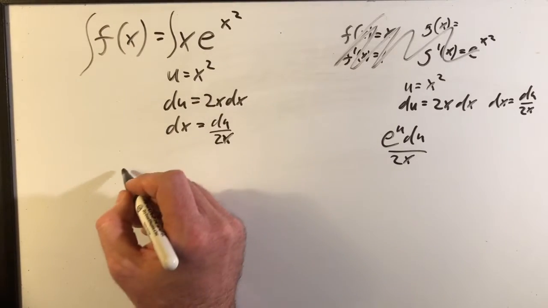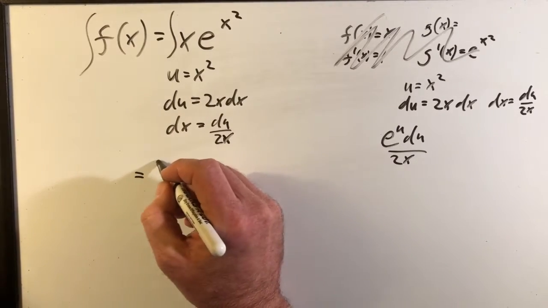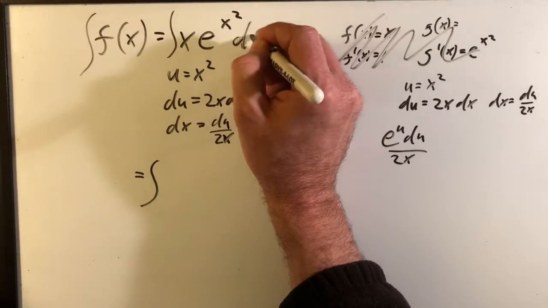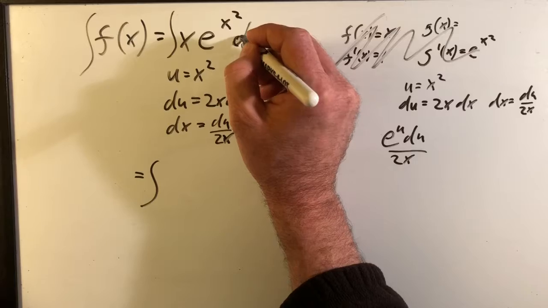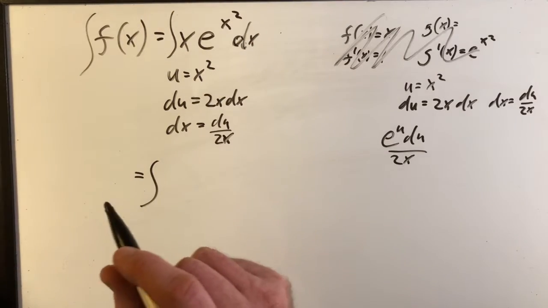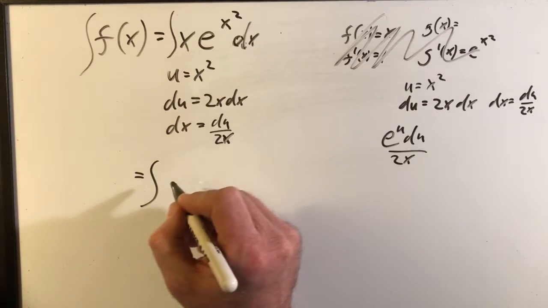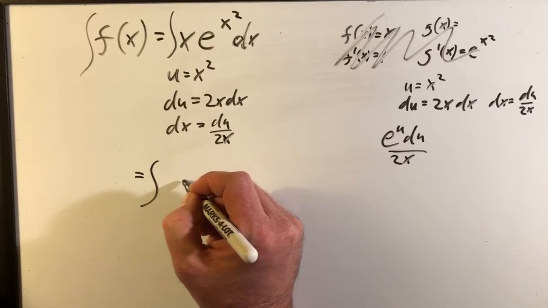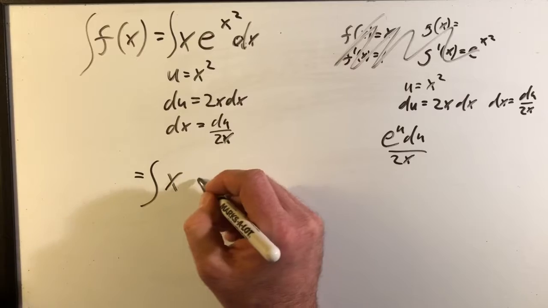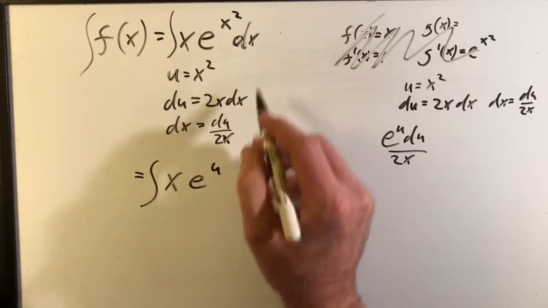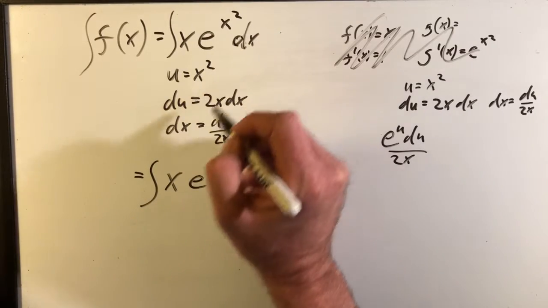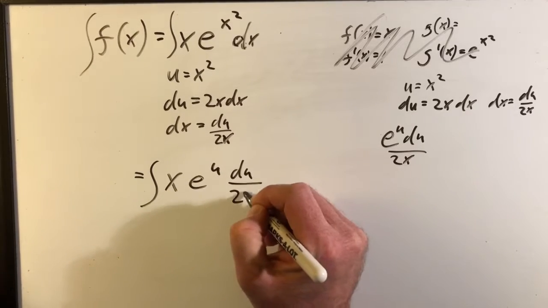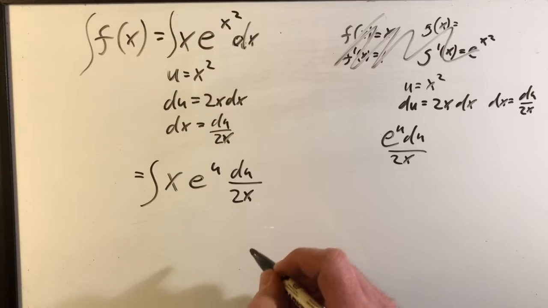Substituting back in, u goes in, I have an x and then an e to the u, and then substituting for my dx right here is du over 2x.